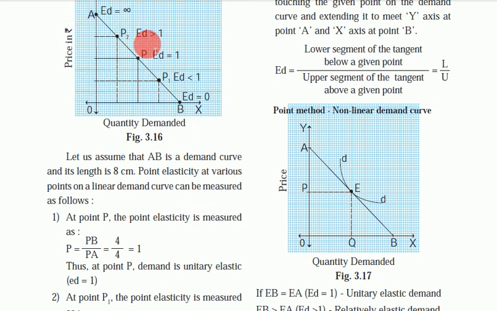The difference between PB and PA is the same, that is 4 upon 4 is equal to 1. While dividing this, we will get the answer equal to 1. If we get the answer equal to 1, now we can say that the demand is unitary elastic.